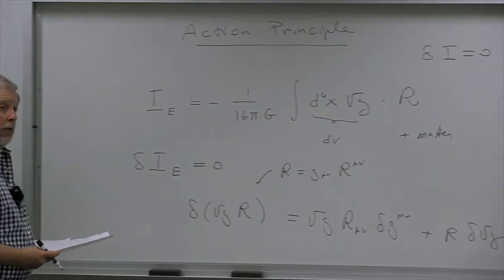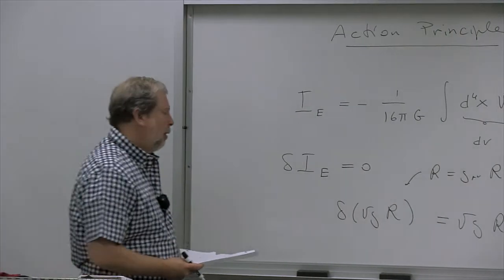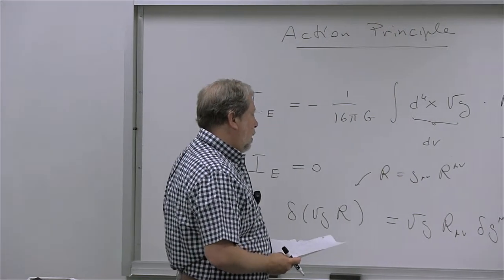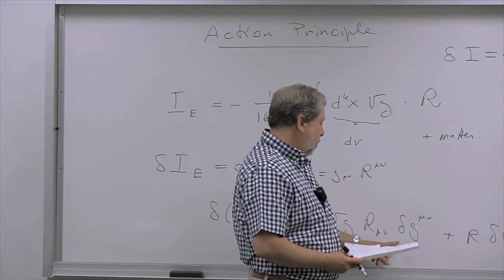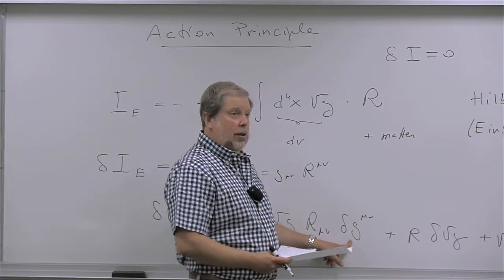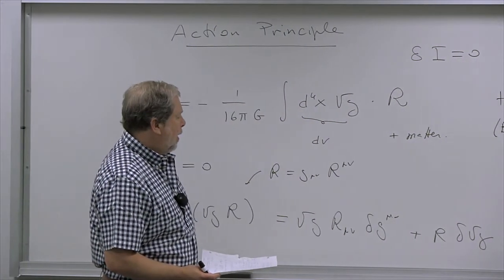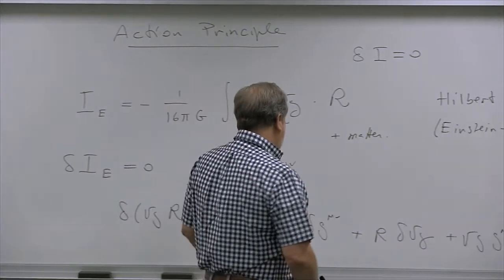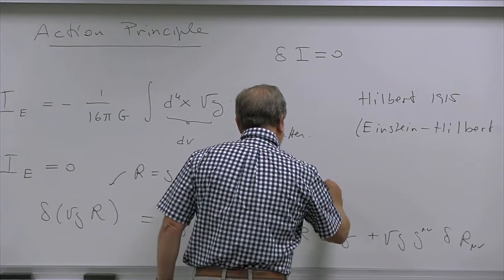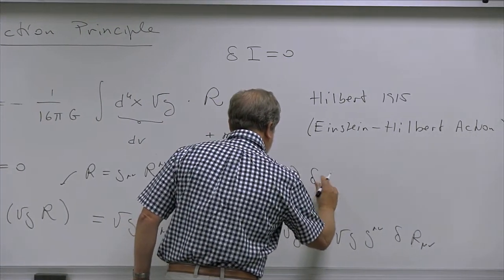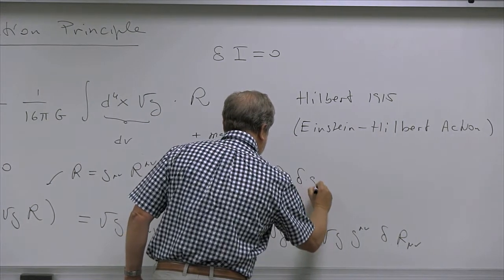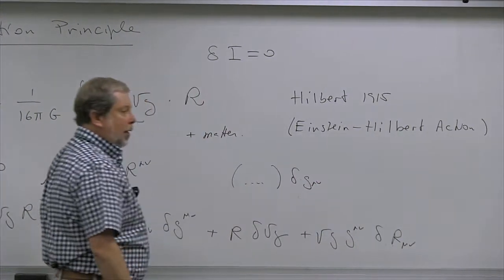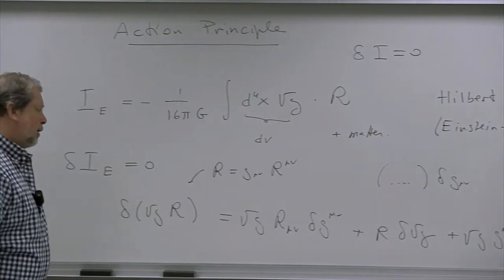And so we have to evaluate these variations individually, right? And well, it turns out that the first term does not really have much to do to it because it's already in the correct form. We would like to write the whole variation as something that multiplies delta g^{mu nu}. And it doesn't really matter that much whether the indices are upstairs or downstairs.